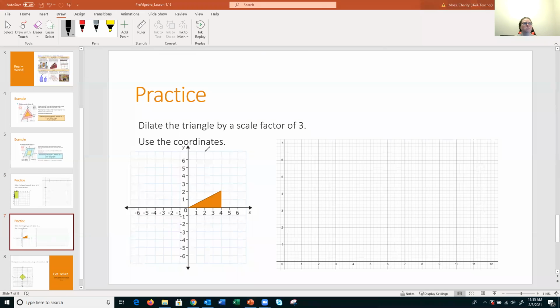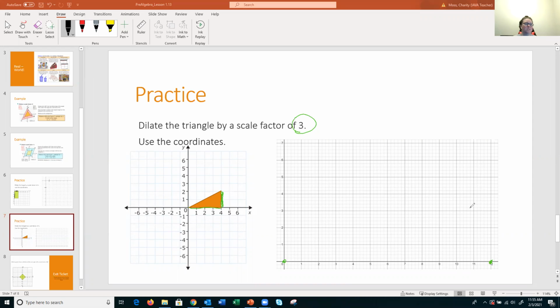I'm just going to take the fact that I know that everything is going to be 3 times as large. So 0, 0, again, it's just going to stay at 0, 0. If I'm going out to 4, 3 times 4 is 12. So that's going to come all the way out here. And then this is 2 units, right?